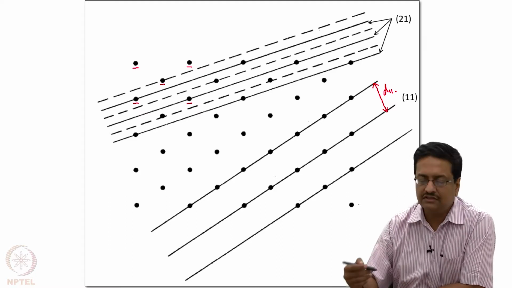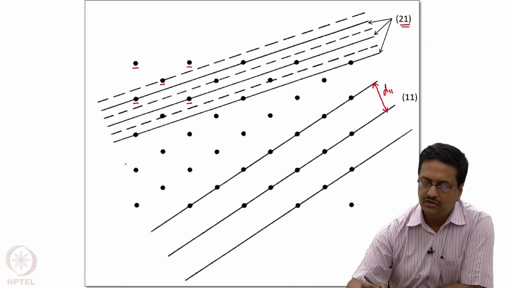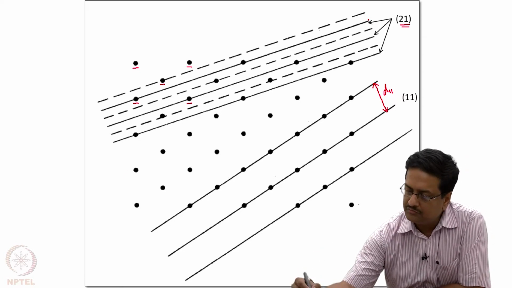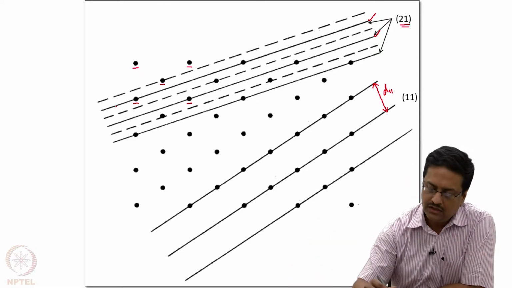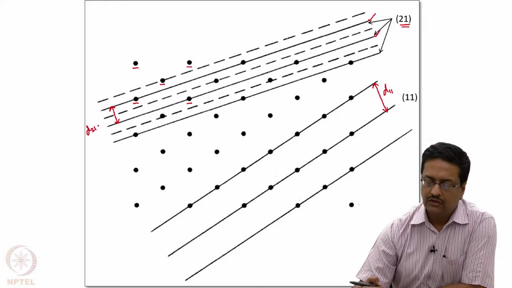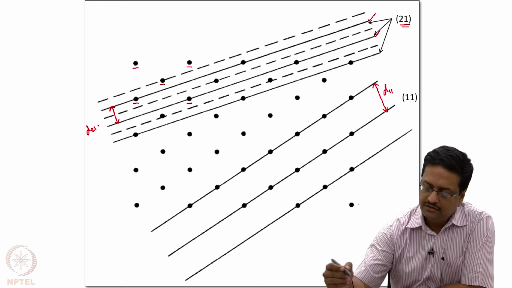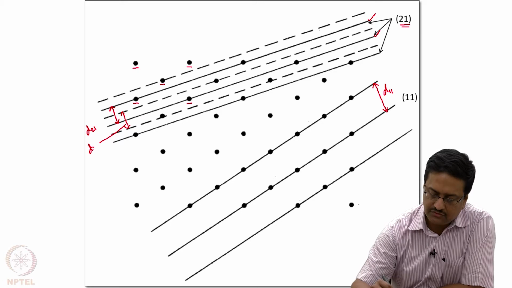But in this case of the 2, 1 set of reflections, suppose the dark lines are parallel and the interplanar distance is d 2, 1. Once again, the lines which are dashed lines, the distance between them is also d 2, 1.